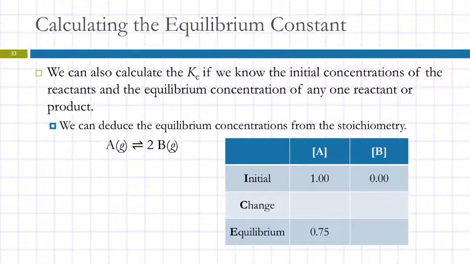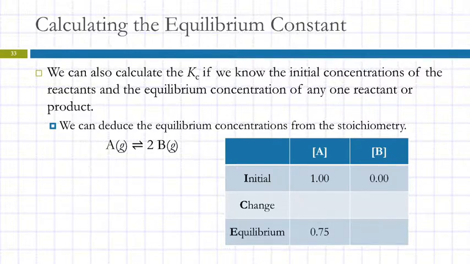So in this example, we've got initial concentration 1 molar for A and 0 of B. We don't know what the constant is, but the concentration of that reactant was measured at equilibrium, and we know that it's 0.75 molar. We can figure out what the other concentration is.